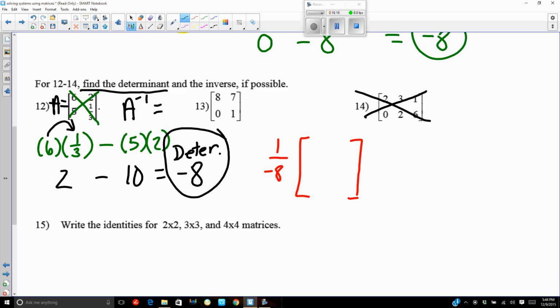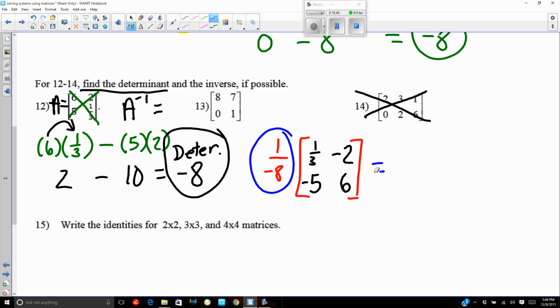We're going to switch the 1/3 and the 6. They switch spots. The 2 and the 5 don't switch spots, but they do switch signs. And then last but not least, we're going to multiply everything in this matrix by 1 over -8.